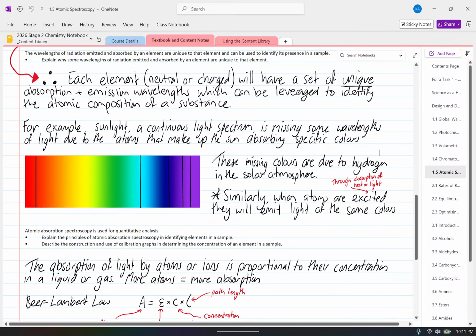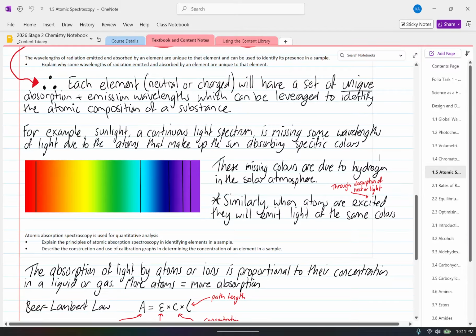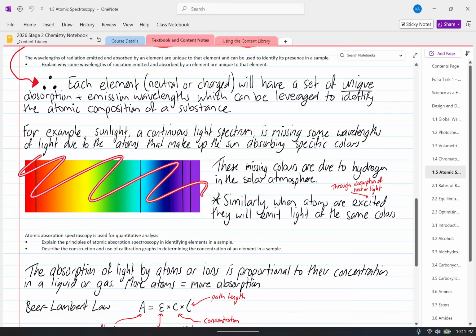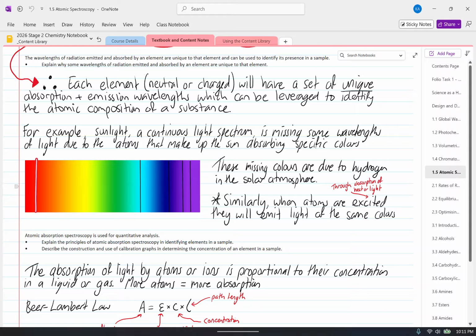So I've got another example here. We have a continuous spectrum, where you have all of the colors that have been spat out. Sunlight is like that because it's a very hot ball of gas. Now you can see there are these black lines.